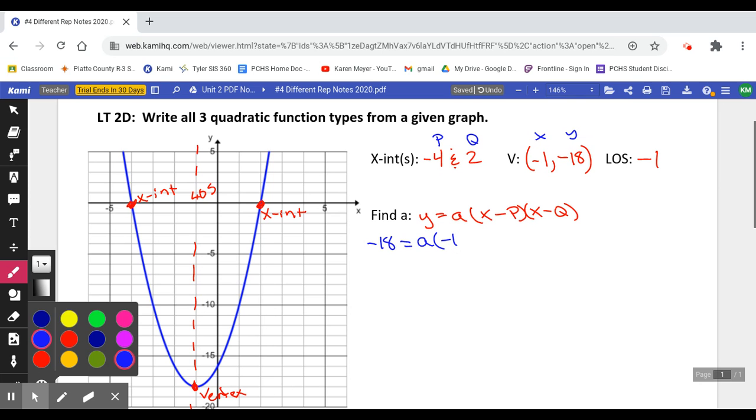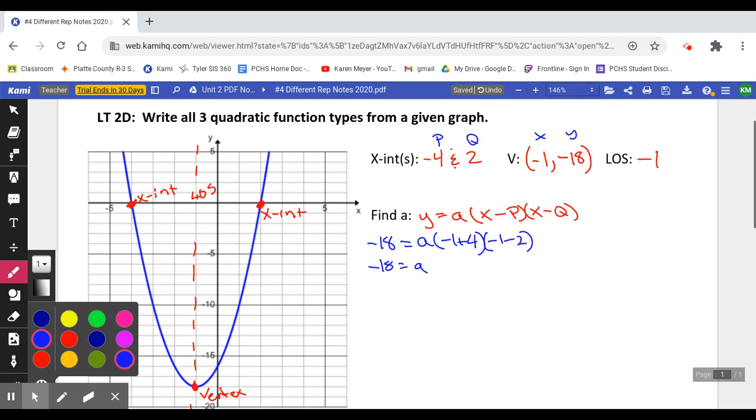If p is -4, when I write it in the parentheses, I have to write it opposite, so I write +4. In my second parentheses, I have x, which is -1, and q is 2, but remember you have to write it opposite, so you're going to write -2.